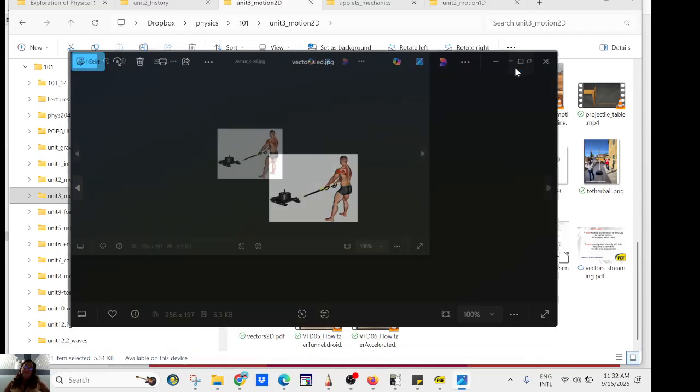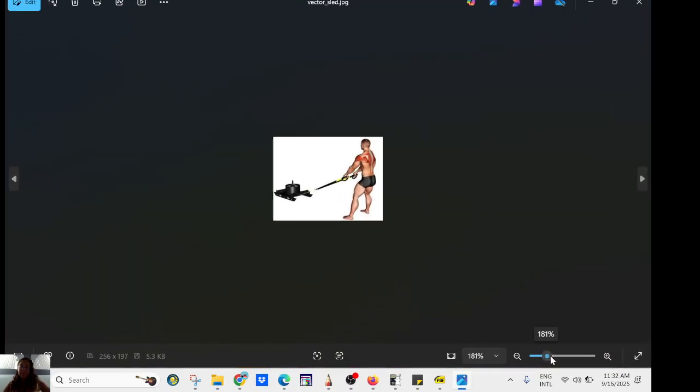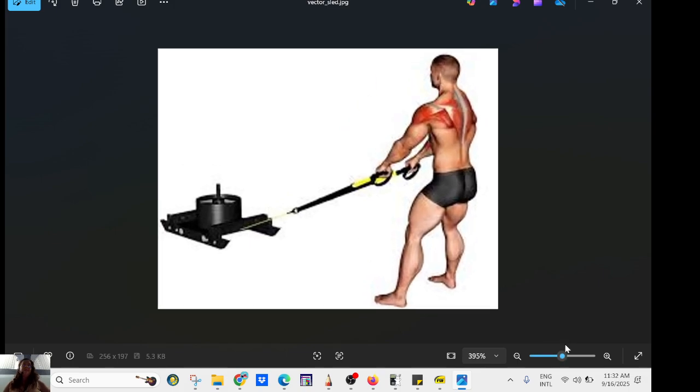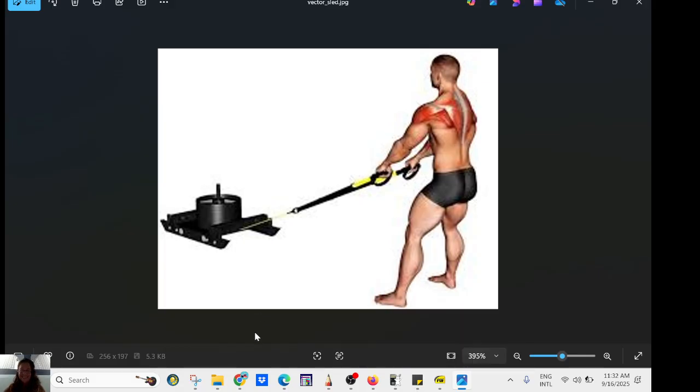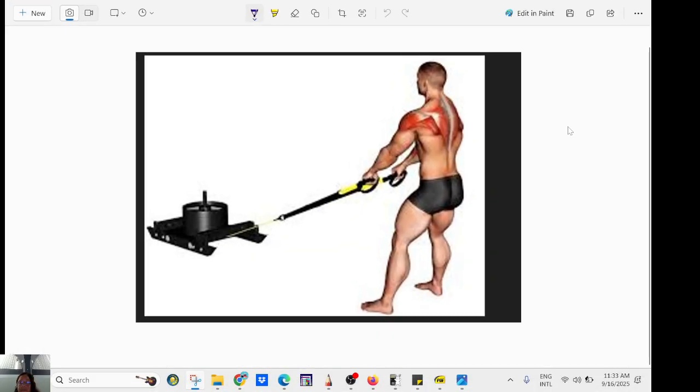So I can show you, for example, here. It's a sled. He has to put some clothes on, right? So that's the pull, right? But that pull is doing two things at the same time.